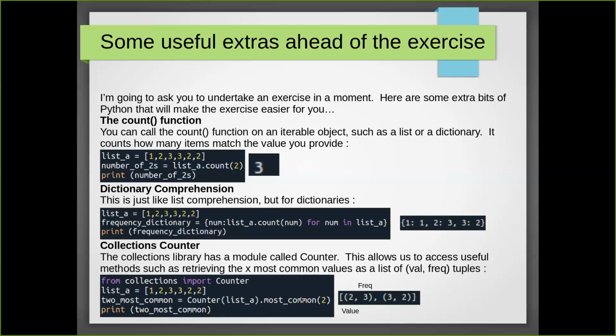And the third thing I want to show you is something called a collections counter. There's a library called Collections that has lots of useful stuff in it. One of those useful things is a module called counter.